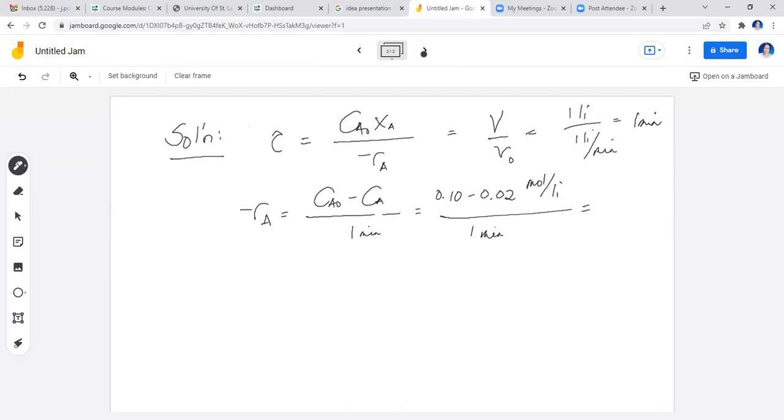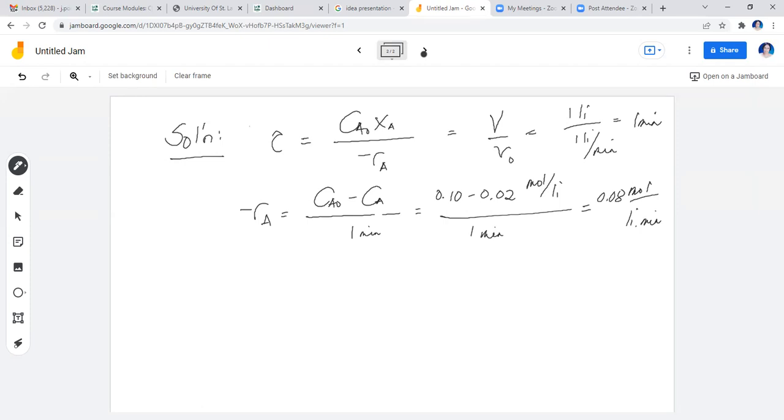So my answer here is 0.08 mole per liter per minute. Now, since my rate for A is positive, my assumption that it is a reactant is correct. Should this have been negative, then the assumption that A is a reactant is wrong. A then is a product.